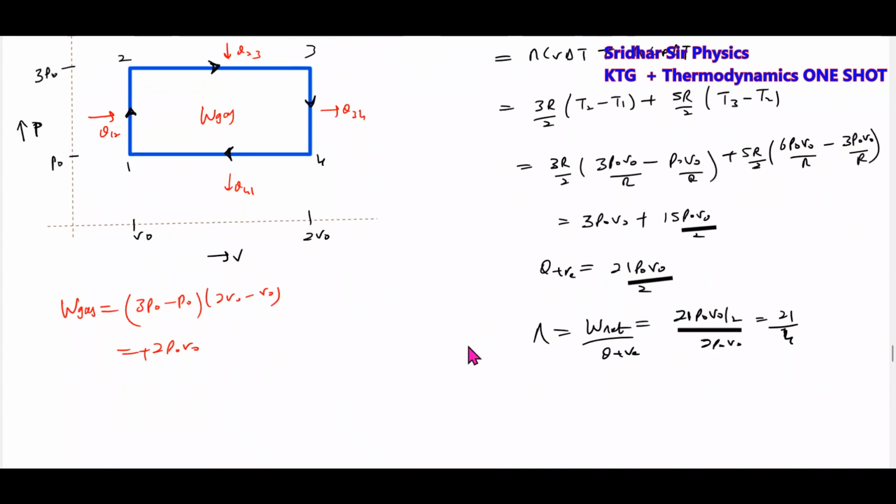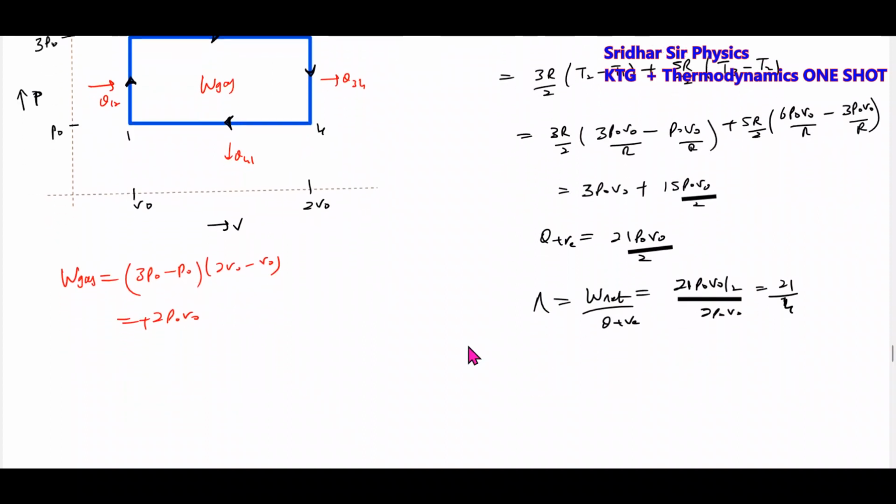Then we'll also plot the equivalent graphs. Now what are equivalent graphs? The first graph will be a PT graph, pressure versus temperature, a rough graph. Isochoric heating: volume constant, the pressure increases, the temperature increases, so it will be like this.